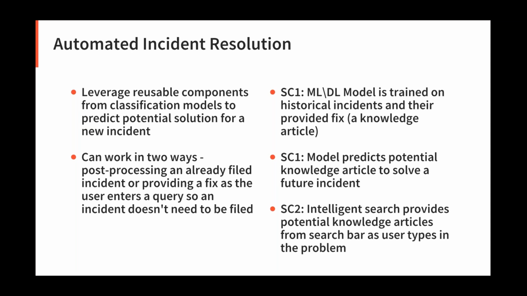One is you build a supervised machine learning model where you already have past historical data of issues and the solutions which were used to solve them, and you predict for future issue descriptions. And the other one is, like we talked about, information retrieval. If I enter a problem I'm facing, like let's say Skype not working, it works just like Google. It looks into similarity-based features and tries to find the potential solutions which are most relevant to that problem, just like a chatbot or a search engine works.